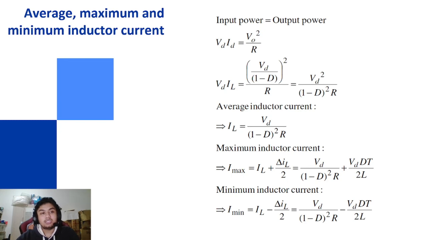Okay, so this is the average, maximum and minimum inductor current. Input power equals output power.